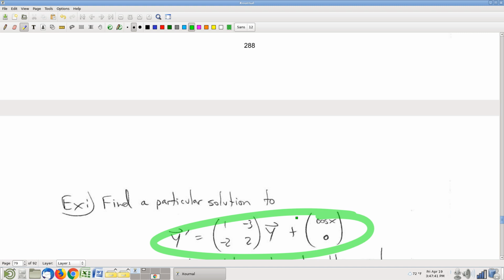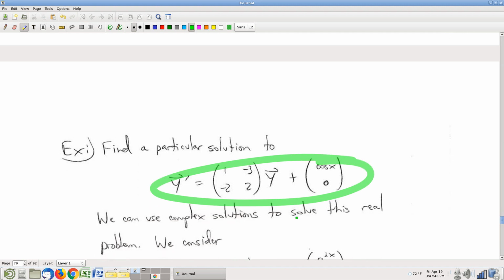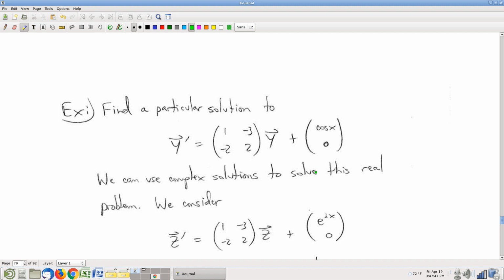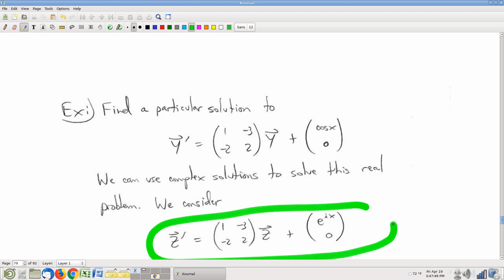So the clever move that we pulled back in chapter 4 that we're going to rip off here is to say, let's look at this associated complex equation, right? Where the real part of this complex exponential right-hand side is the trig right-hand side that I had in my original equation.